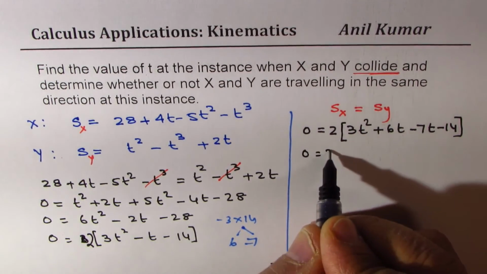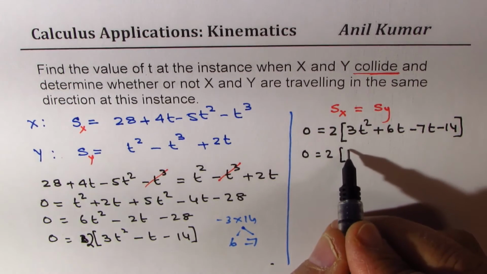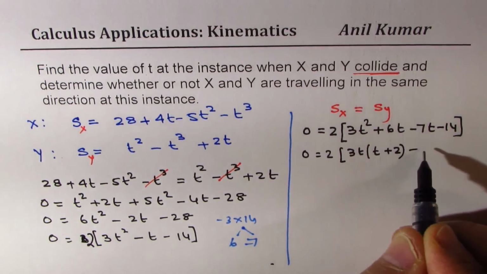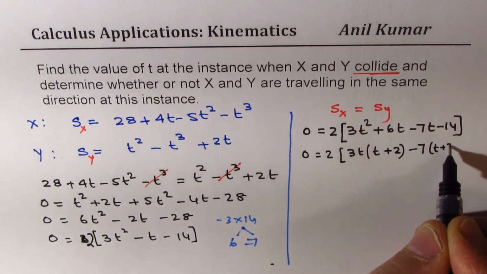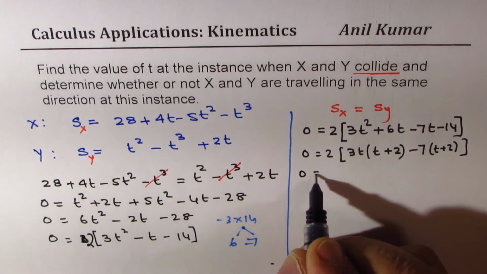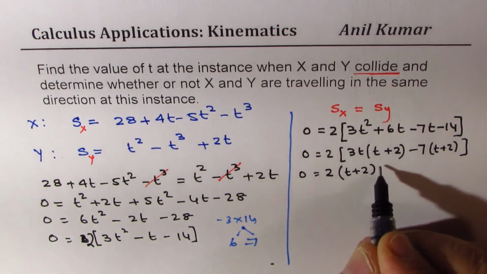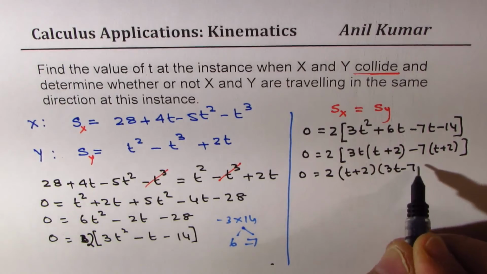Perfect. So we have 2 times 3t common, t plus 2 minus 7 common, t plus 2. So we get here 2 times, now t plus 2 is common, and 3t minus 7.